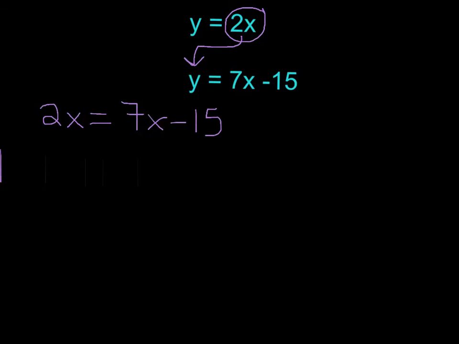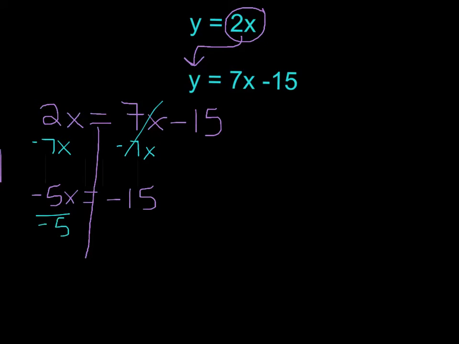We only have the variable x, and we're going to solve for x. So subtract 7x on both sides. Negative 5x equals negative 15, and then divide by negative 5. So x equals a positive 3.